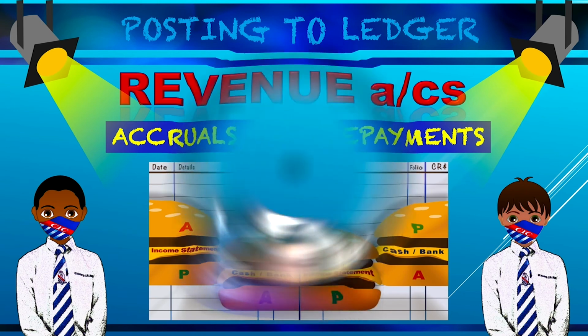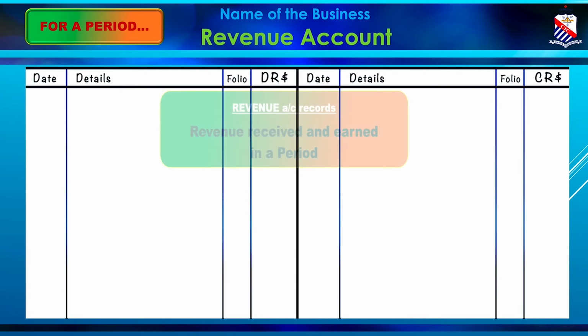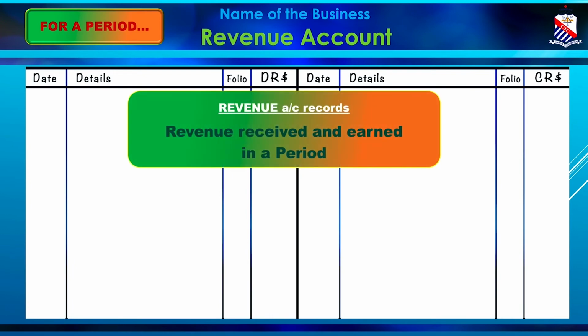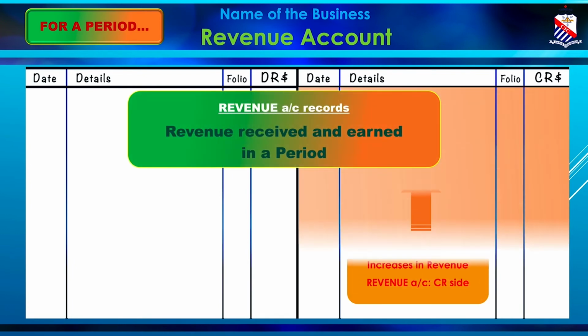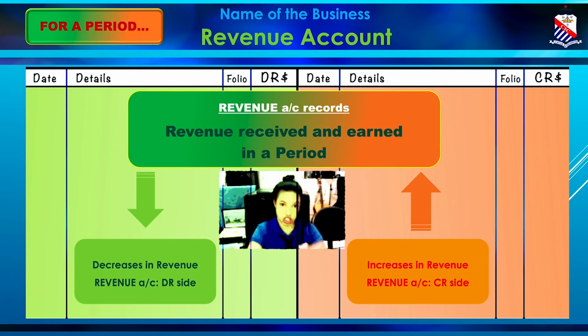Remember that for a period, revenue accounts would record the revenue earned and received in a particular period. The increases in the revenue would be recorded on the credit side, which is the opposite of the expense account, right? And the decreases will be on the debit side. So they switch. As simple as that.